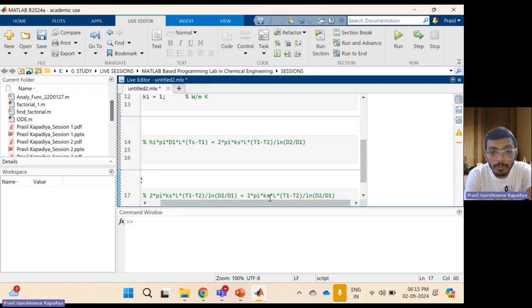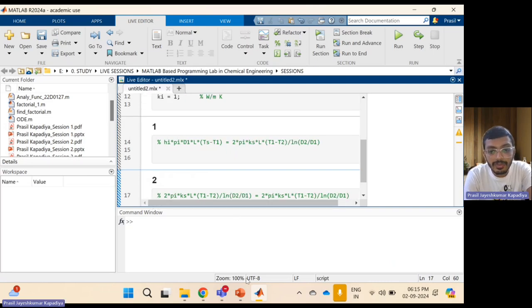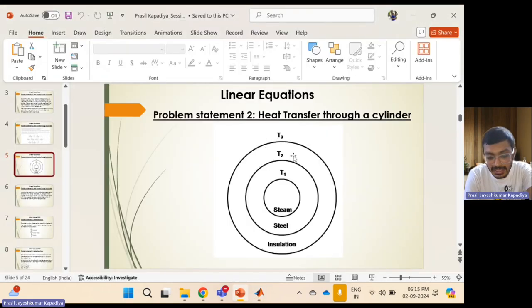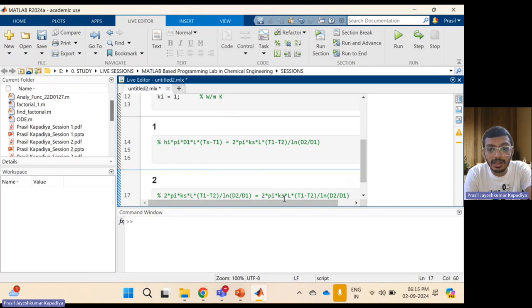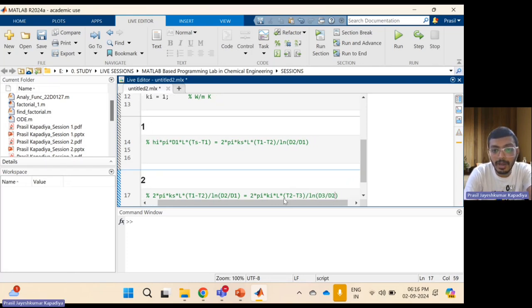So it will be equal to 2 pi. Now T2 to T3 is insulation. So it should be Ki, correct? Ki into L into T2 minus T3 divided by ln D3 by D2, correct?